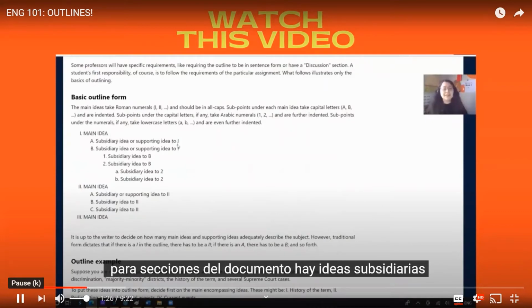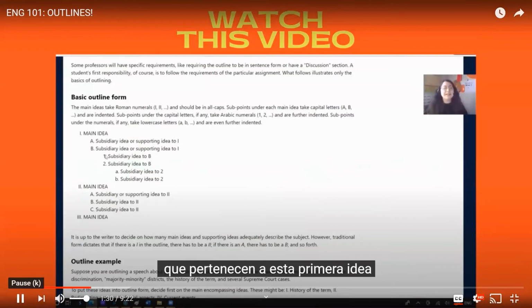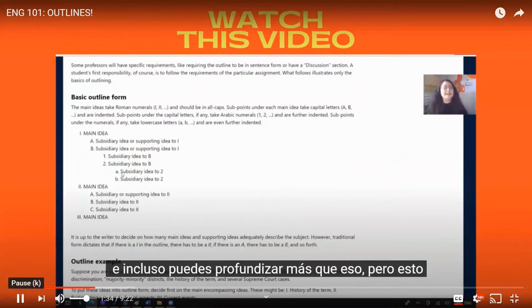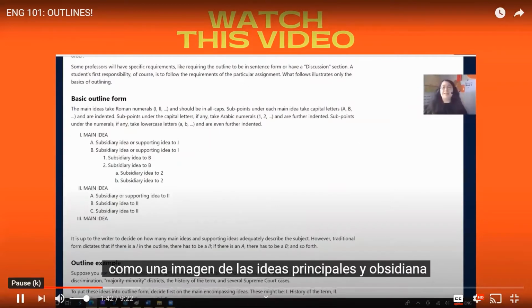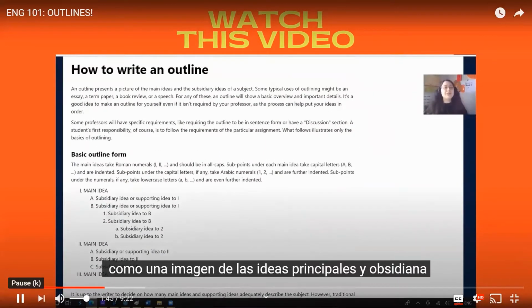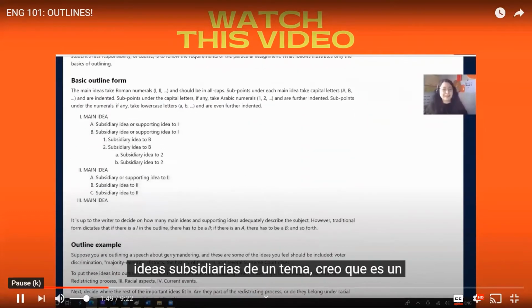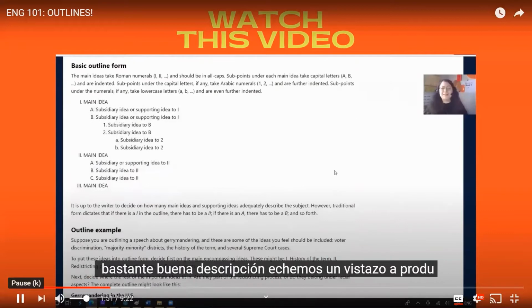There are subsidiary ideas that pertain to the first idea, further subsidiary ideas that pertain to the previous ones, and you can even go more deeply than that, but this is an outline. I like the way it is described here as a picture of the main ideas and subsidiary ideas of a subject. I think that's a fairly nice description.